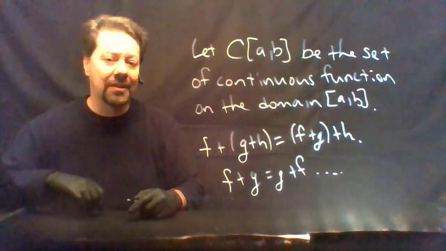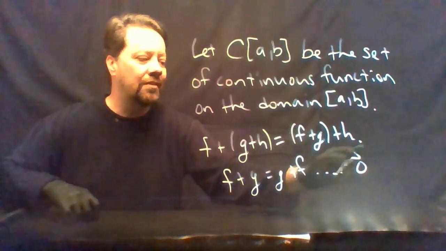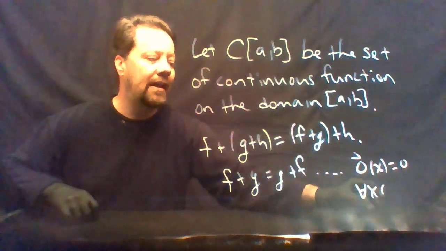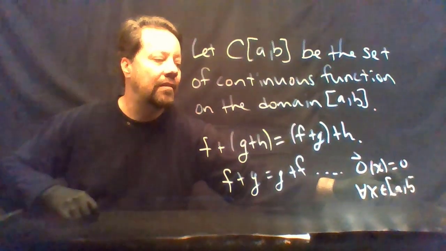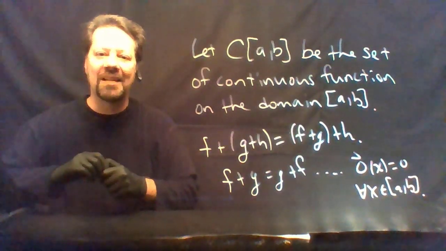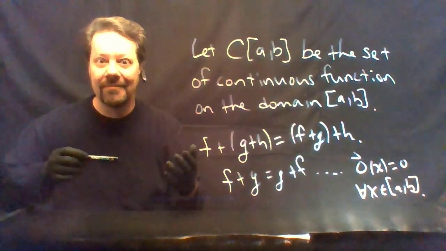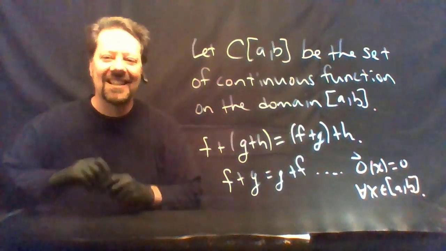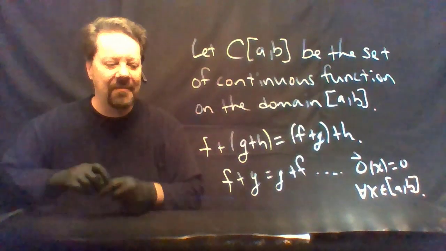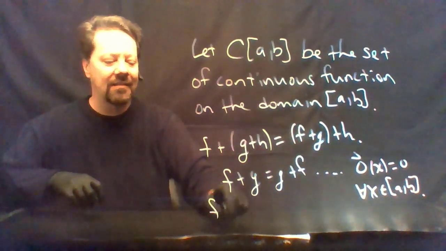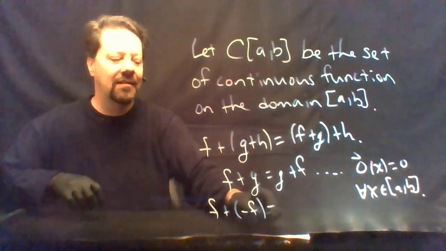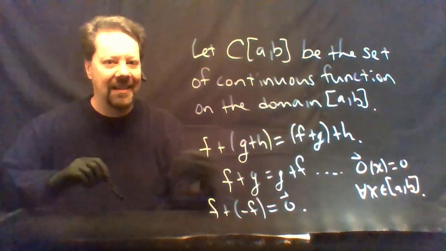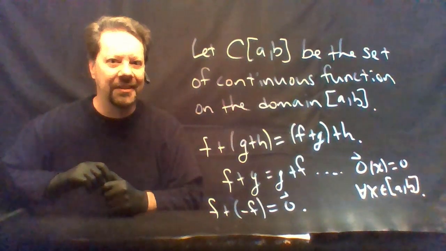There is a zero function. The zero function outputs 0 for all x. So you plug in a number, it outputs 0. It's kind of like some people you know. In any case, we have a zero function. There are opposites. f plus its negative yields the zero function.